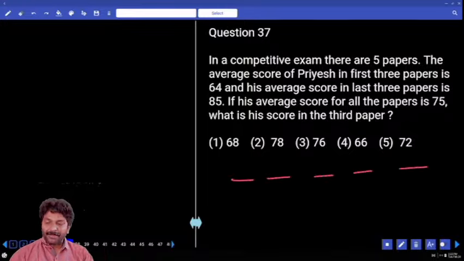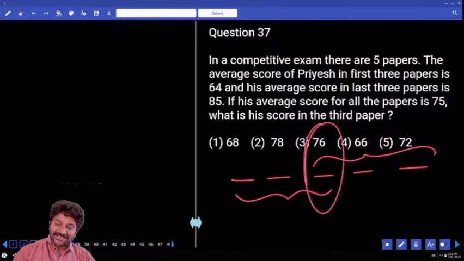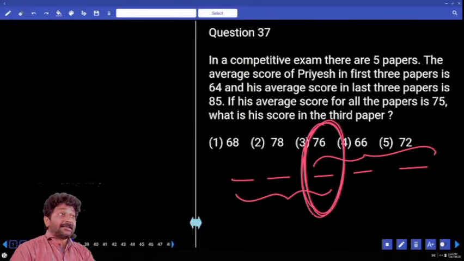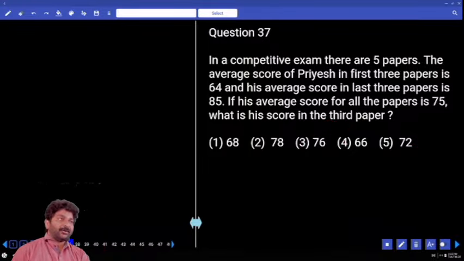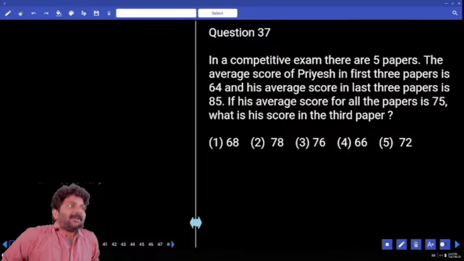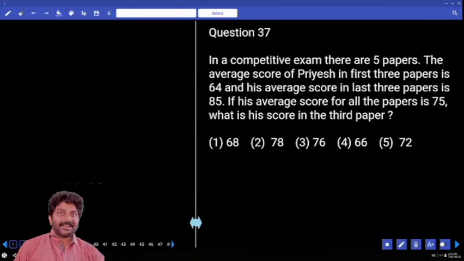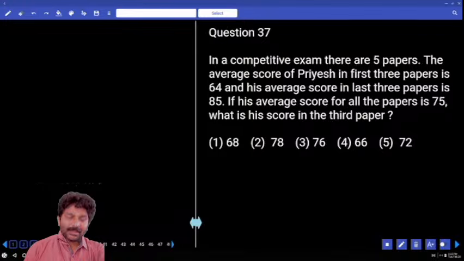See, when you have 5 papers and the first 3 average and last 3 average are mentioned, what is happening to the third number? Is it missing or repeating? If it is a number repeat case, which effect do we follow? Direct or reverse? It is direct effect, yes? Right. So now, what is the average of all 5 numbers?